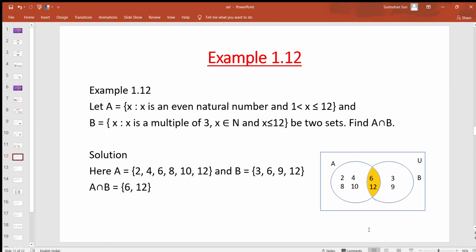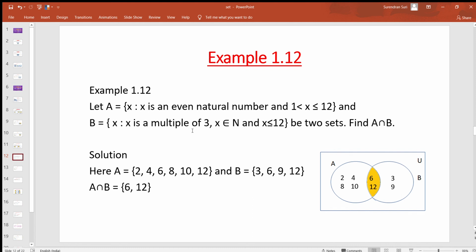So these are the two sets A and B. Both have been listed in set builder form. If we write them in roster form, it will be easy for us to note down the common elements. So A is equal to even natural numbers from 1. A is equal to 2, 4, 6, 8, 10, 12. It should be less than or equal to 12, so we are stopping with 12.